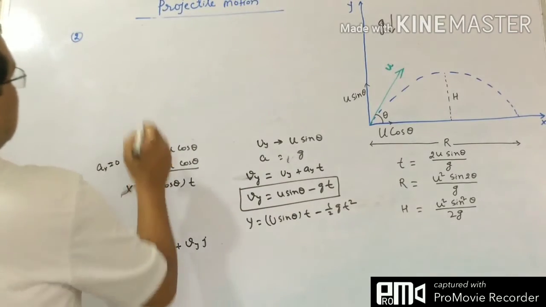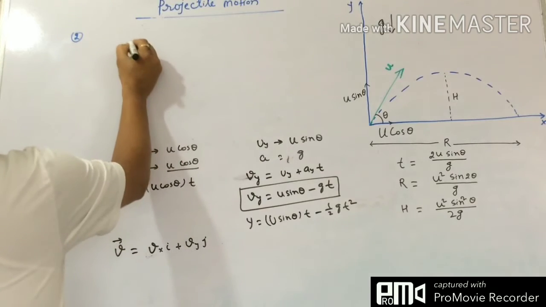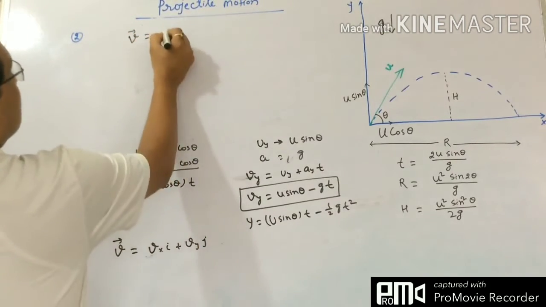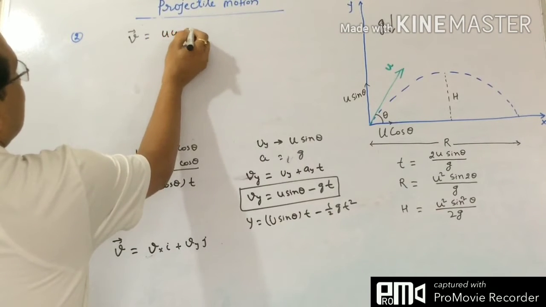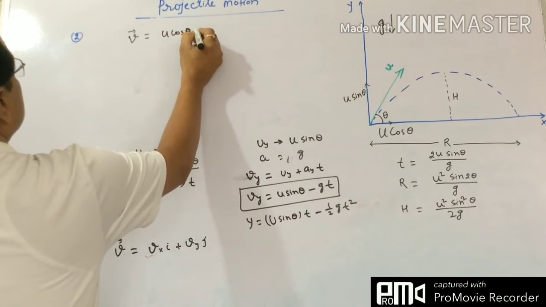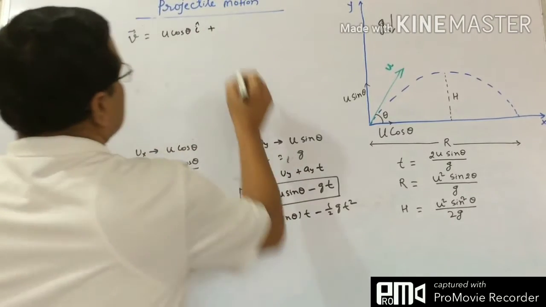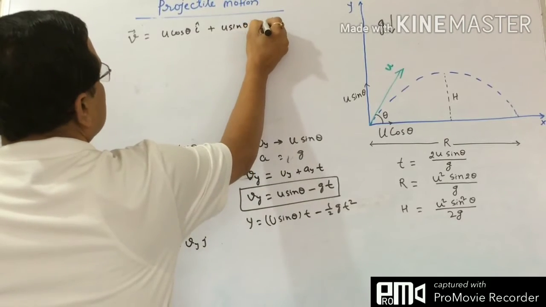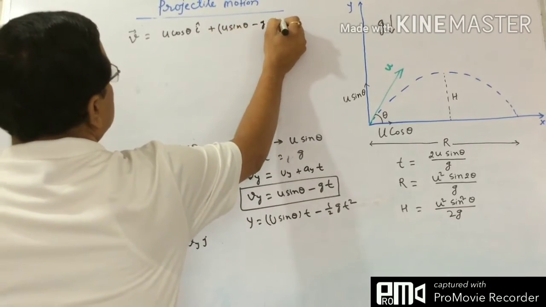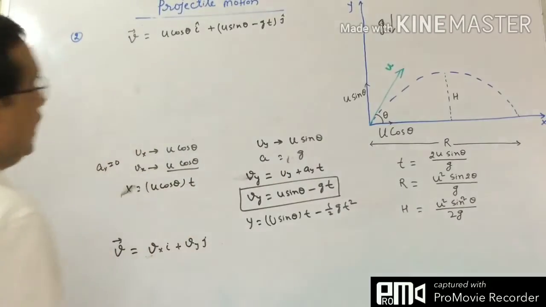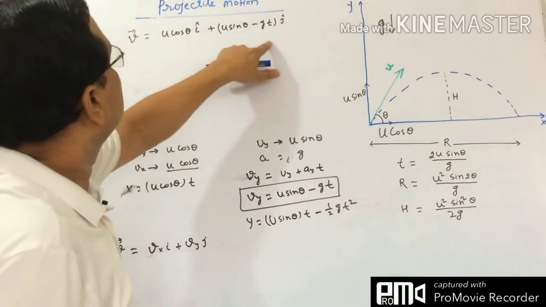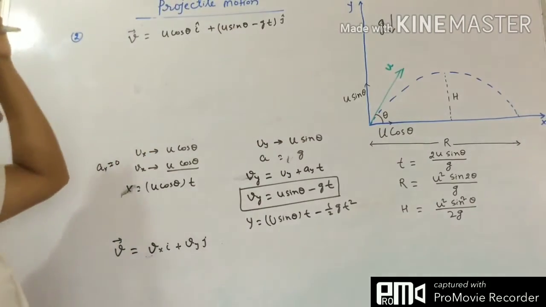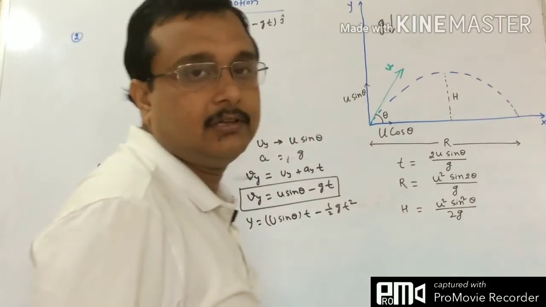Then V equals to Vx, and Vx is always u cos theta, if theta is given, and Vy is u sin theta minus gt into j. Right? It's the velocity. So magnitude of velocity is this square plus this square. We can find out the magnitude of velocity at any point like this.